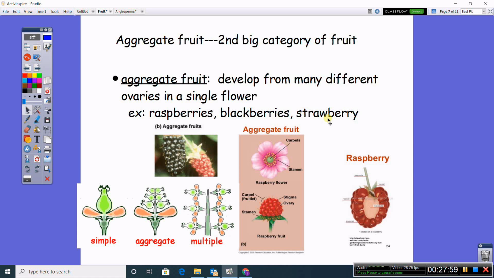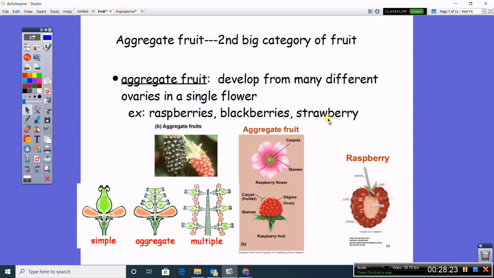And then people say, oh, but it's got seeds on the outside. Sort of. The things that you would consider the seeds on the outside of a strawberry are actually the fruit. Each of those is a fruit, and inside that fruit is going to be the seed. It's something we call an achene, A-C-H-E-N-E.